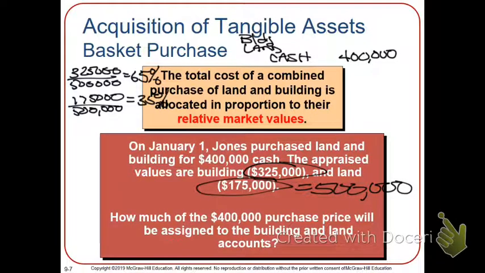So then we took the price we paid and we multiplied it by 35%, and we multiplied it by 65%. And when we did this, we got $140,000 and $260,000.